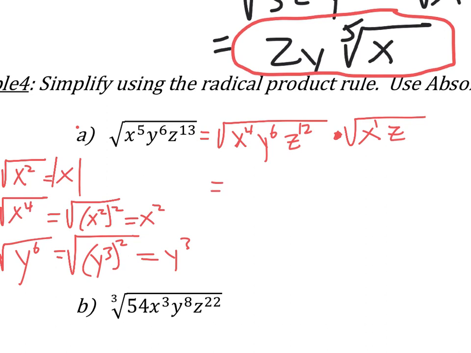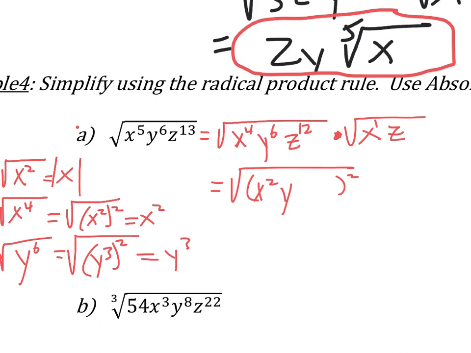So what do we get when we square root this? Well, at this stage, it would be best to rewrite this so we can convince ourselves of this. So I need to rewrite all of this as something squared. So we're going to have x squared, because x squared squared is x to the fourth. What was the power on this y?